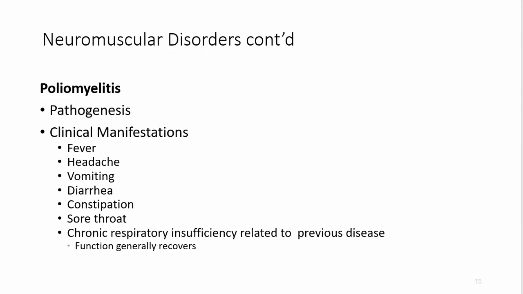The normal course of the disease is paralysis starts peripherally and moves towards the center core. I sincerely doubt that anybody in their clinical practice will ever see a case of this, but it is important to know that it exists out there.